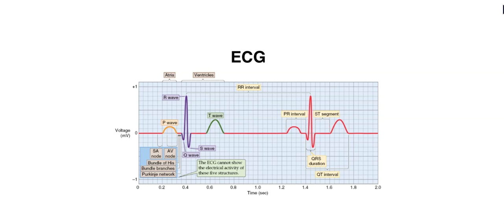Since your heart muscle functions as a syncytium, that current can still be sent to the left side of the heart. The difference is it's going to take a little bit longer because now it's going through the cardiomyocytes instead of through that fast conduction. So instead of getting this nice and tight QRS, you'll see a slightly wider QRS. Okay? So the amplitude as well as the shape of your ECG can tell you a lot of information about the overall function of the heart.